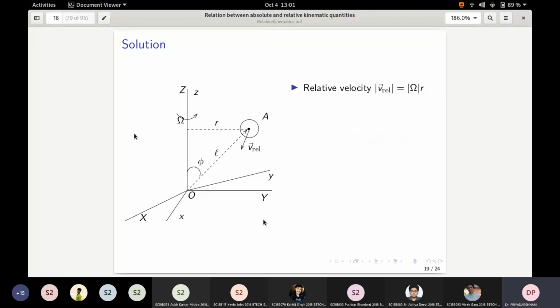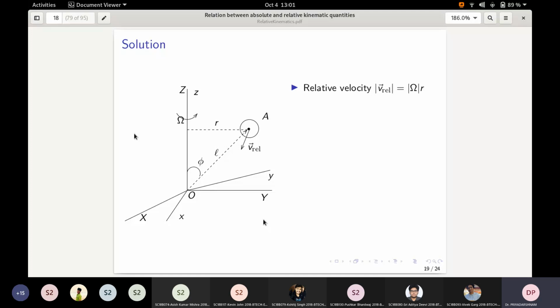Okay. So the magnitude of the relative velocity is given by the modulus of omega times r, where r is your perpendicular length from the z-axis. Is this okay? The direction we have to find out.